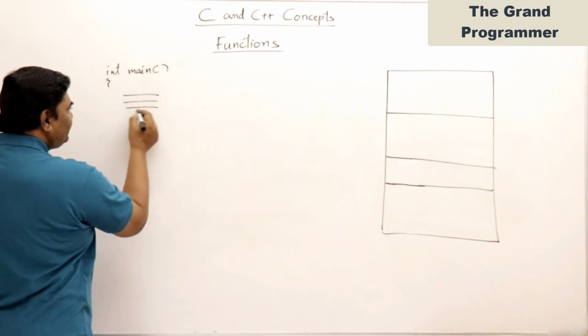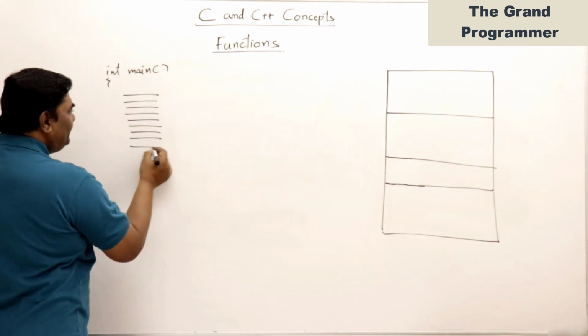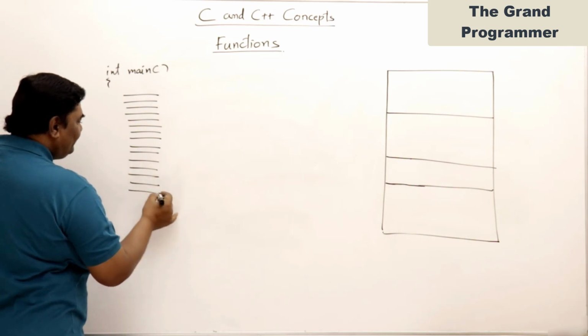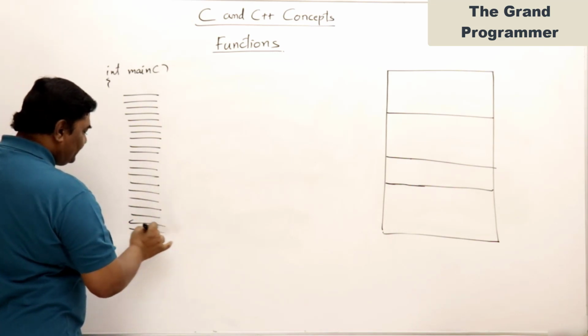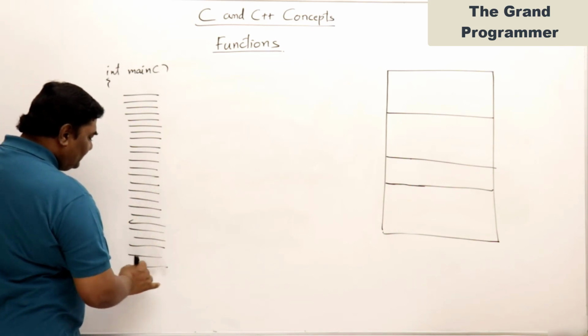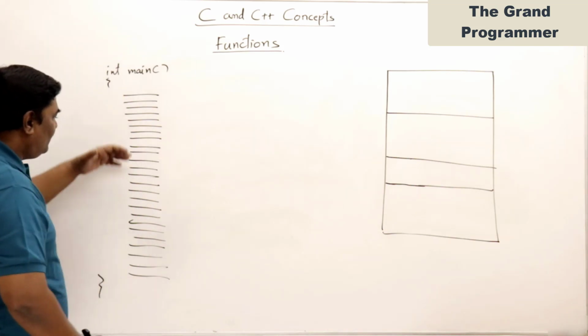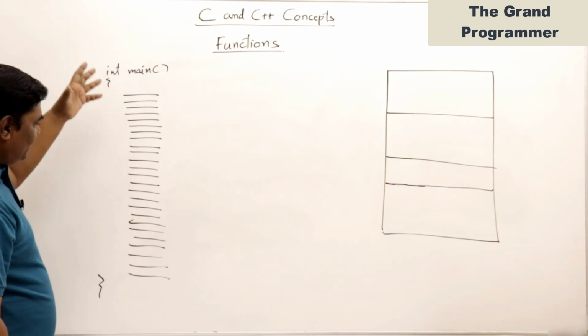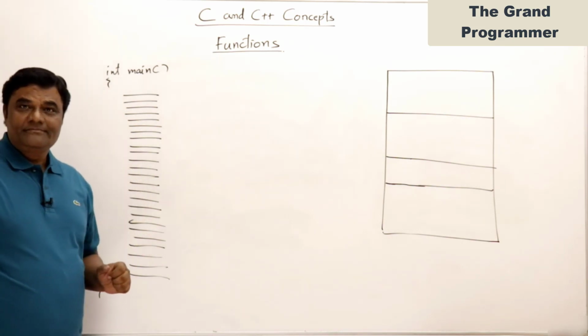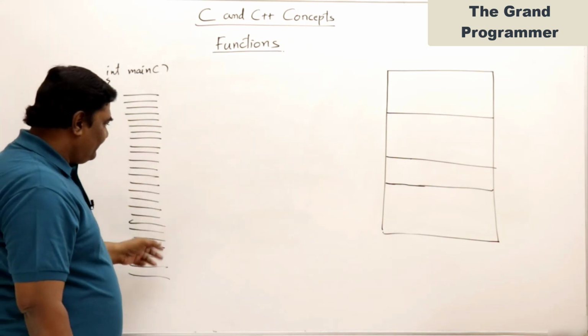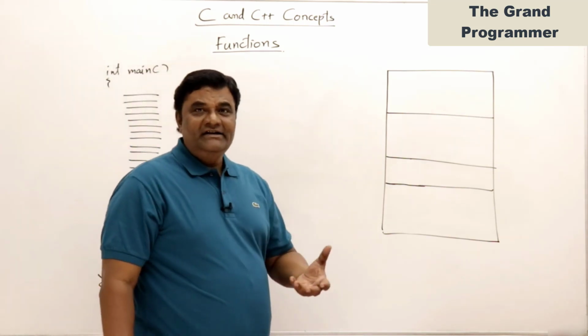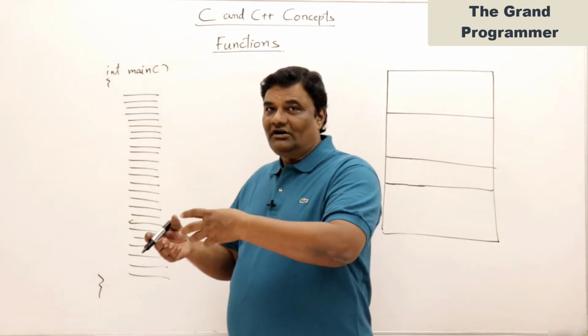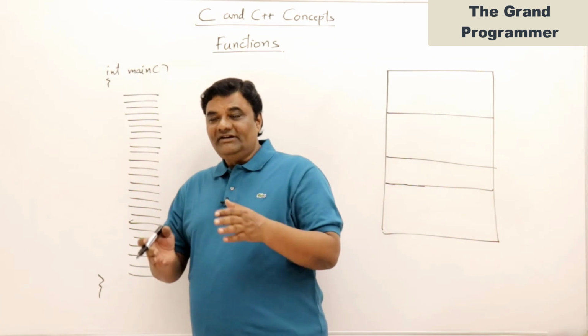I may be writing thousands of lines of code inside the main function. This is not a good style of programming. Writing all the lines inside a single main function will be very huge to manage and very difficult to develop.